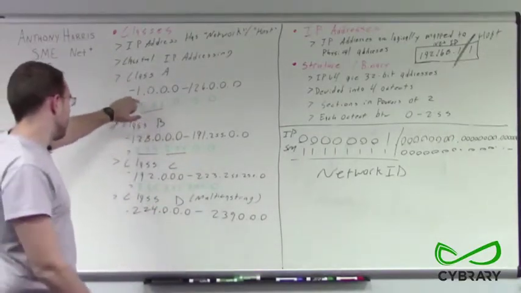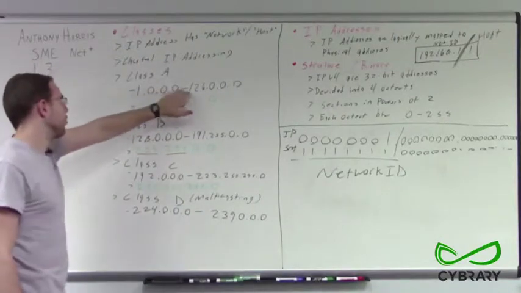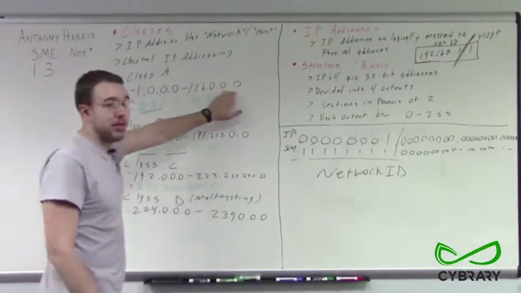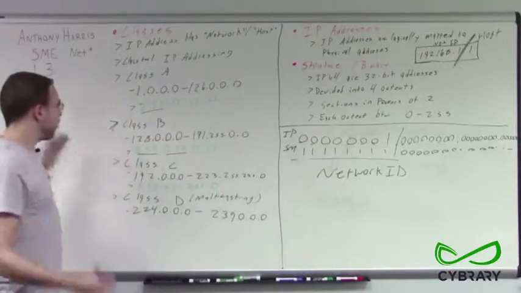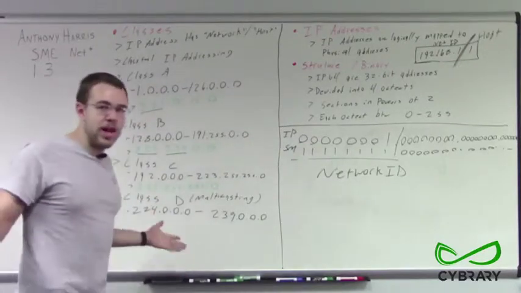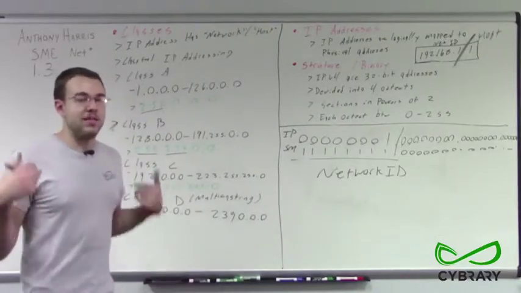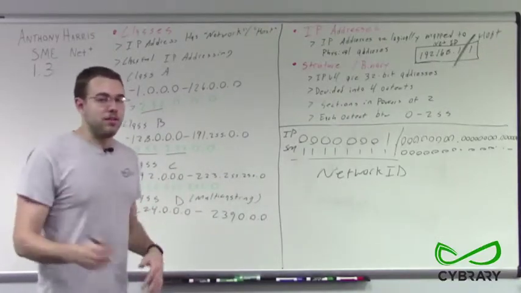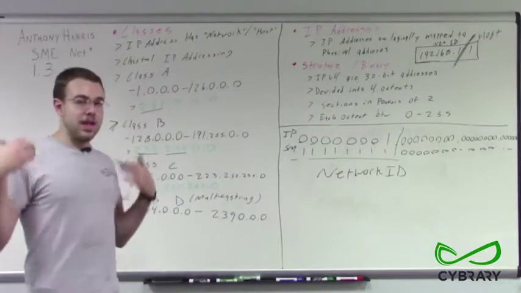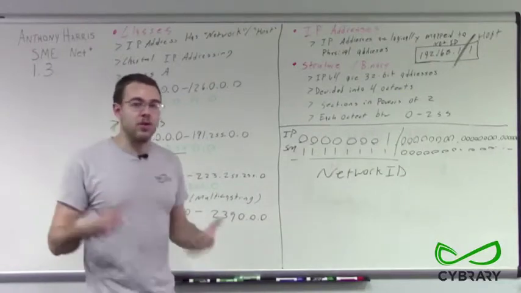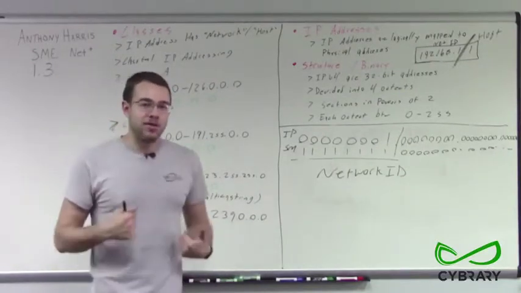Class A, again, is going to be 1.0.0.0 through 126.0.0.0. Well, what happened to 127? We went from 126 to 128. 127 is going to be used as part of our local host. So if we are, say, pinging the address 127.0.0.1, we're pinging ourselves.